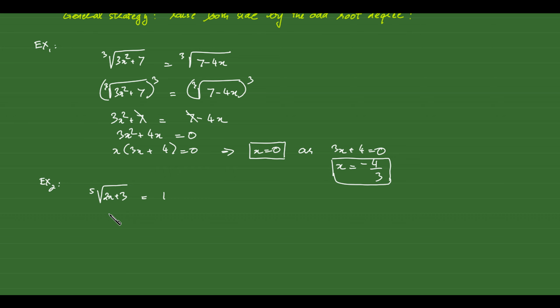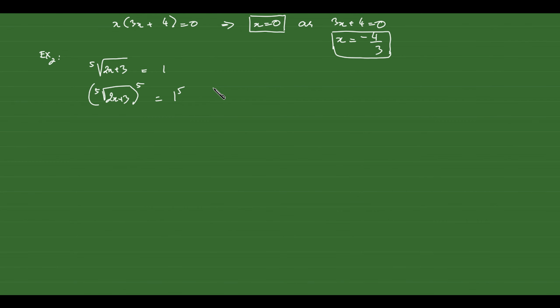You just go ahead and raise both sides to the fifth degree. So you have 2x plus 3. You're going to raise both sides to the fifth degree, so 1 to the fifth degree. Then you can go ahead and throw away the radical. 1 to the fifth, the power is 1. So you subtract 3, which gives you negative 2, and x equals negative 1.